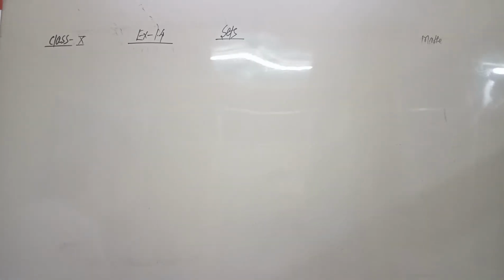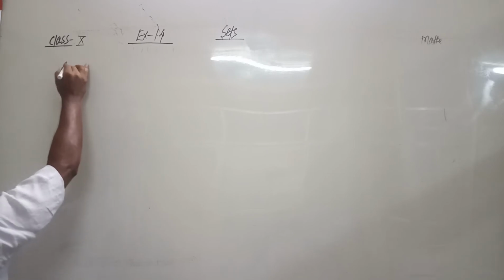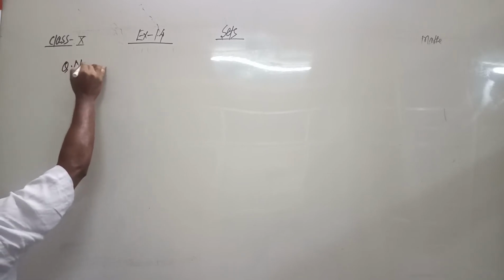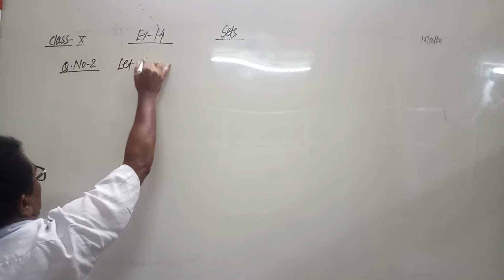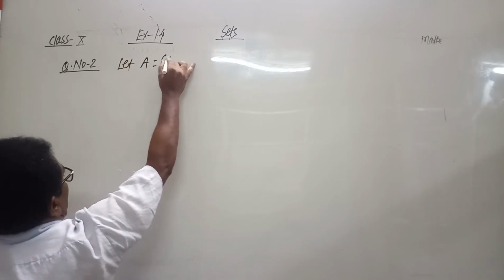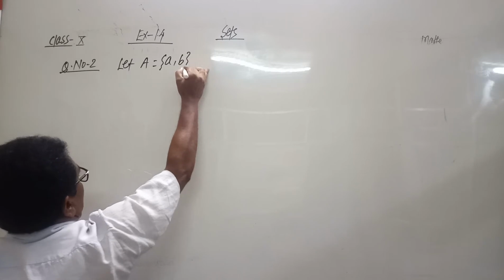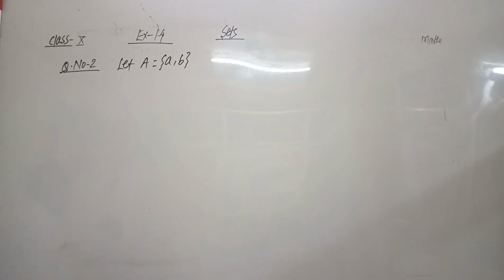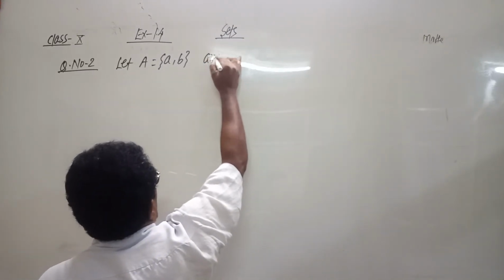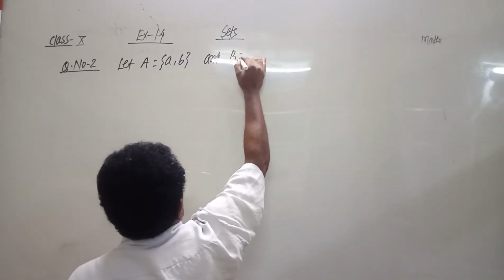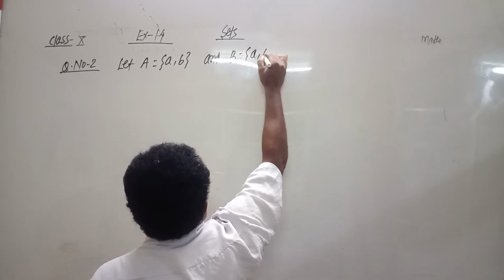Then we discuss the second question. Question number 2. Let set A equal to {a, b} and set B equal to {a, b, c}.